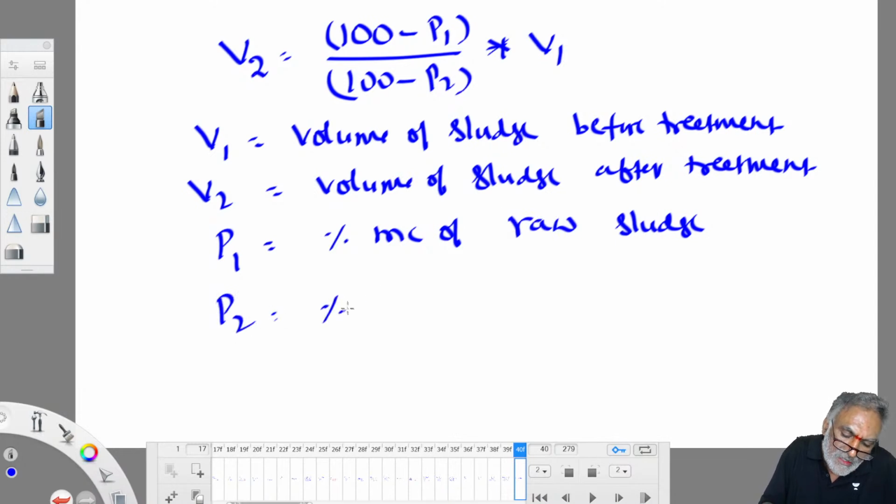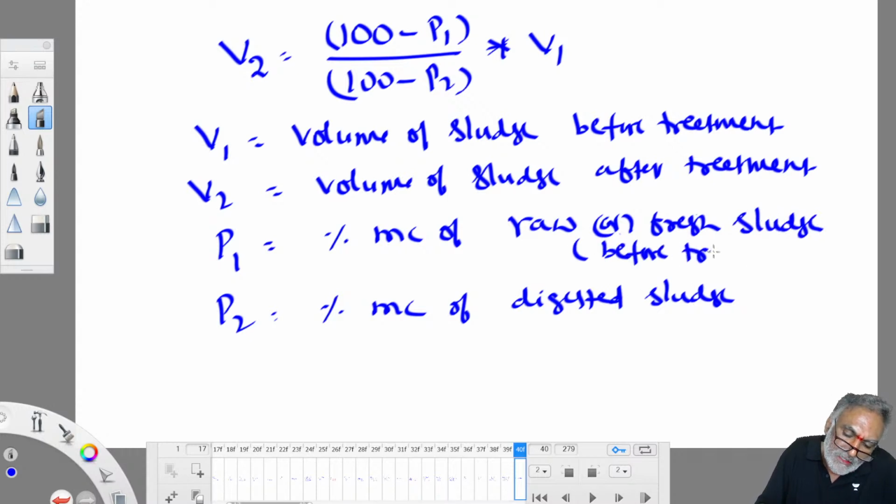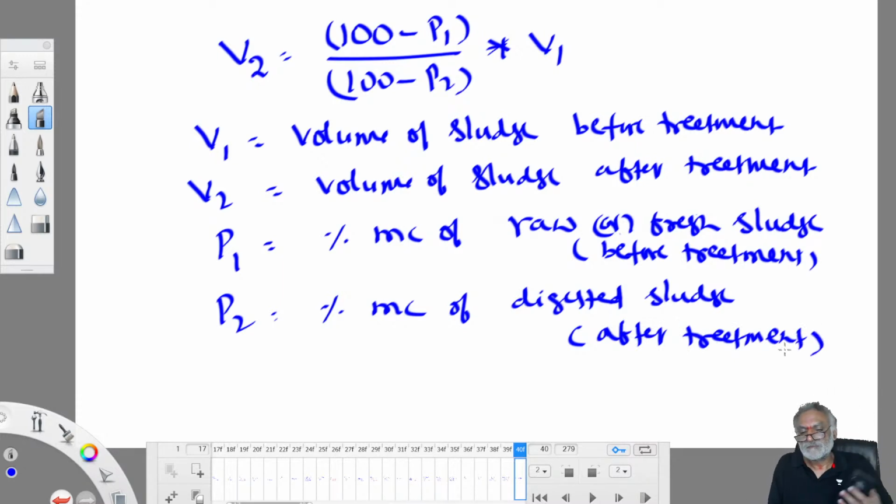P2 is the percentage moisture content of digested sludge or treated sludge. Before treatment, moisture content is P1. After sludge treatment, moisture content is P2. Understood?